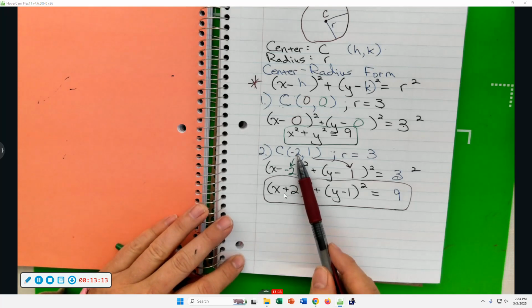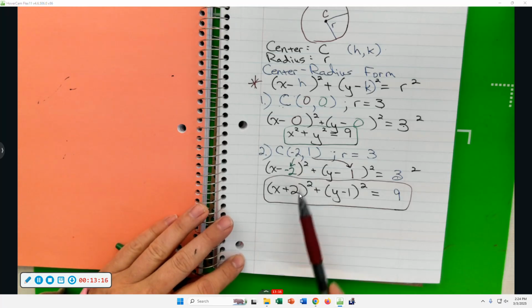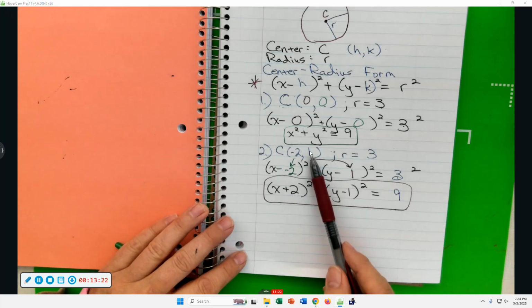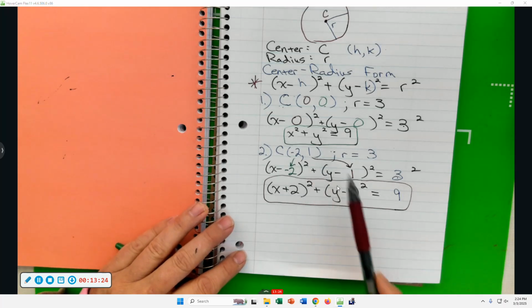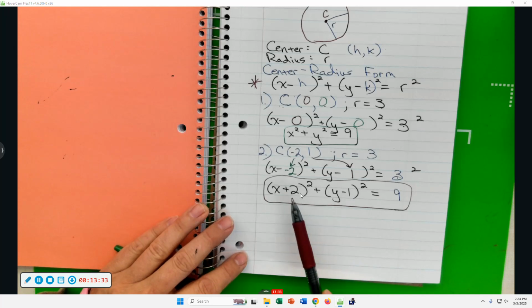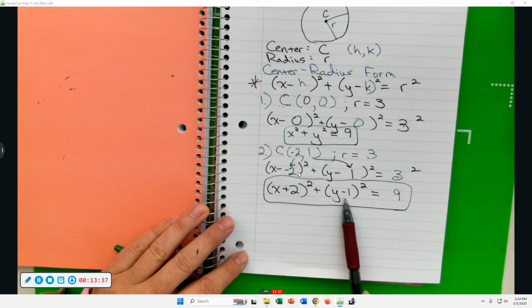The x-coordinate of the center is a -2, but what do you see in the parentheses? A +2. The y-coordinate of the center is a +1, but when you look at the center radius form, what do you see in the parentheses? A -1. So the numbers you see inside the parentheses are exactly the opposite of the center.